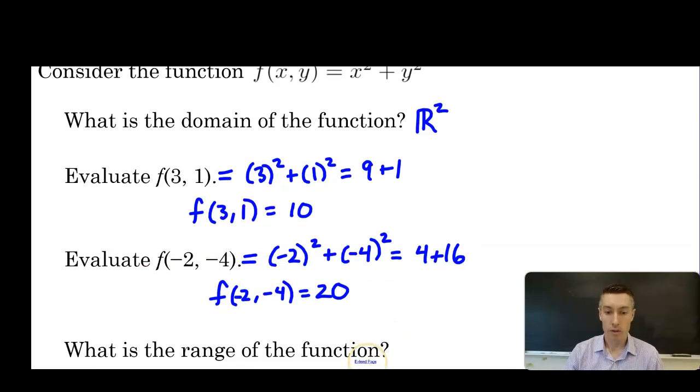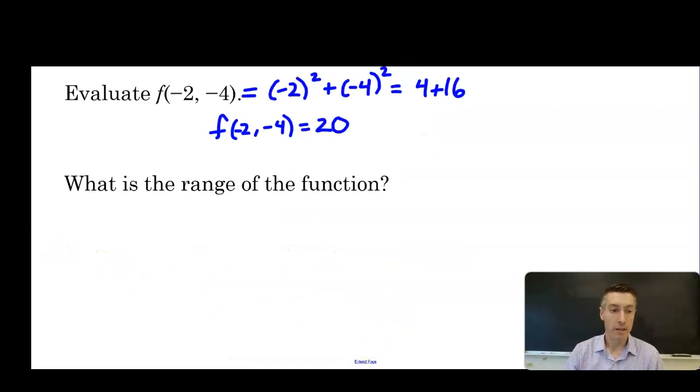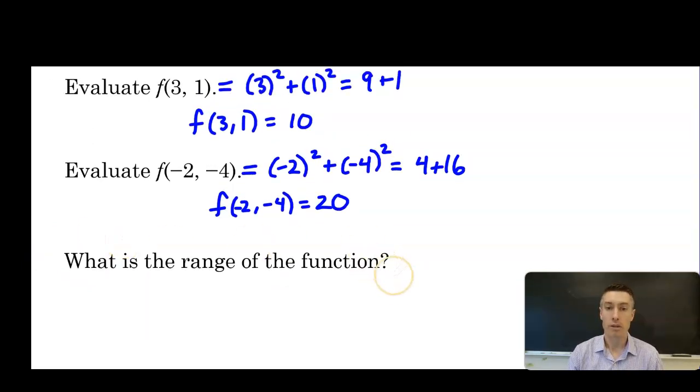Now the last question, what is the range of the function? Now this is not always an easy question to answer, even with a single variable function. But in this case, our function is just x squared plus y squared. So from knowing what squaring does to a value, the lowest value we'd be able to output in this function is going to be 0. And that would be if x and y were both 0.